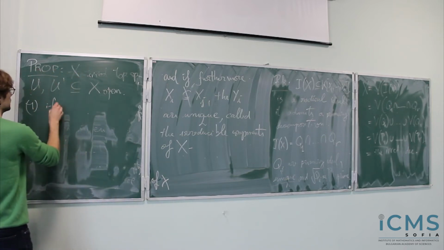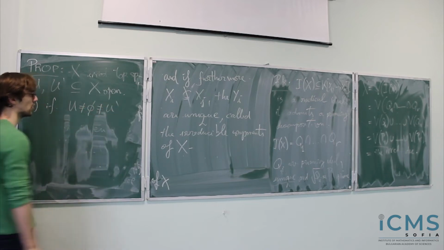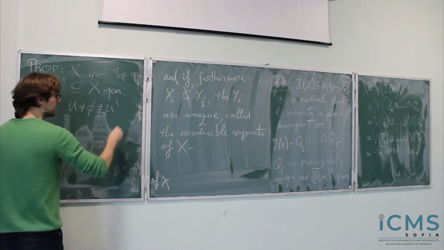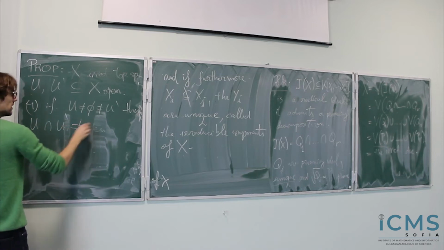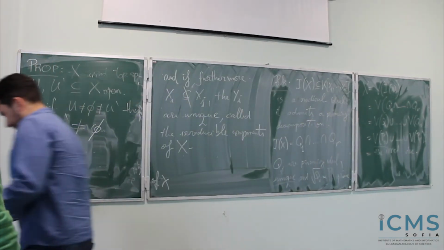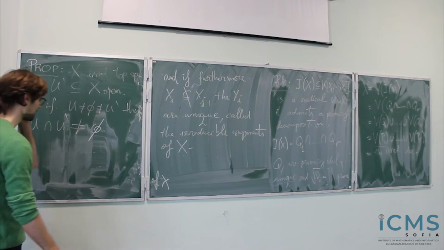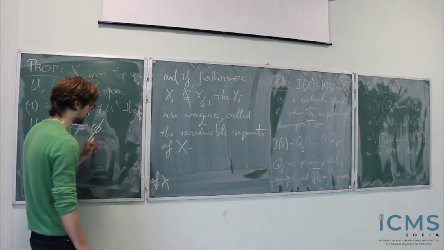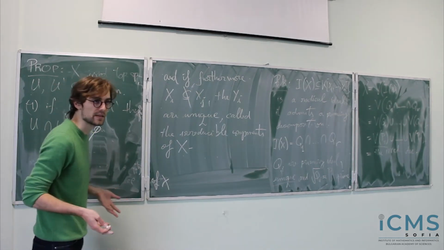If the two open subsets U and V are non-empty, then their intersection is non-empty either. Okay, which is not a trivial statement in any arbitrary topological space.